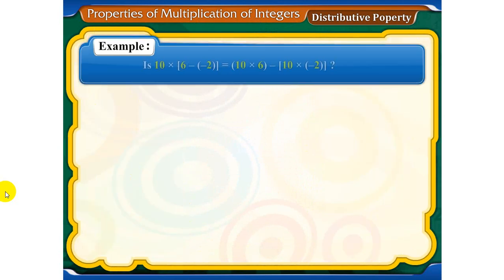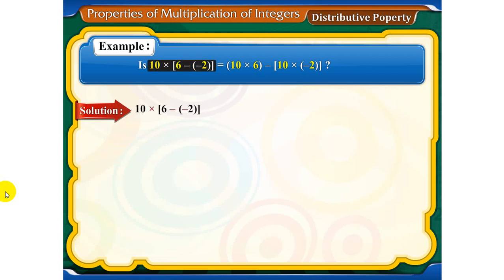For example, is 10 multiplied by (6 minus negative 2) equal to 10 multiplied by 6 minus 10 multiplied by negative 2? Solution. 10 multiplied by (6 minus negative 2) is equal to 10 multiplied by 8, which is equal to 80.